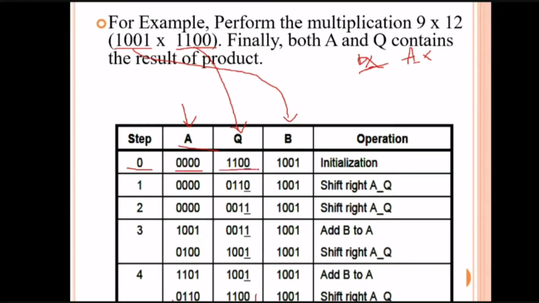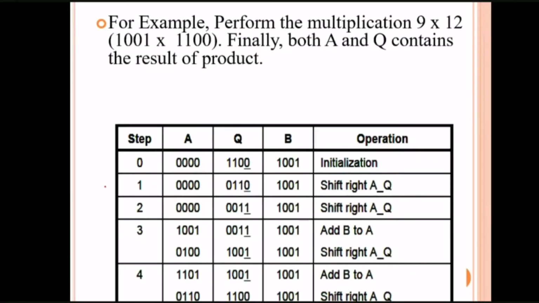Q is the multiplier, so the multiplier value should be placed in Q. And B is the variable which contains the multiplicand. We have not yet entered into the problem; this is the initialization step.